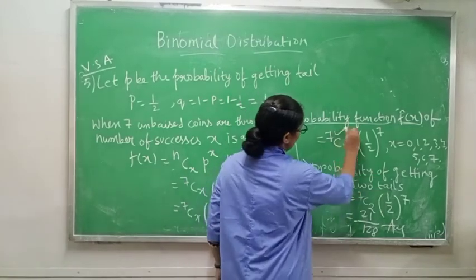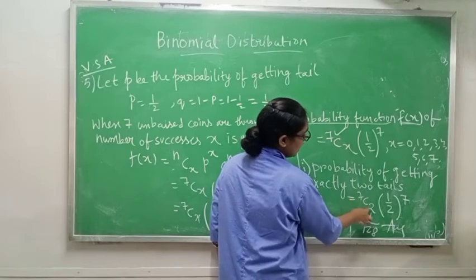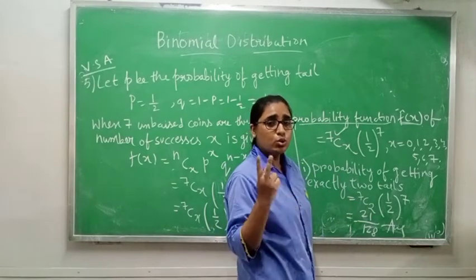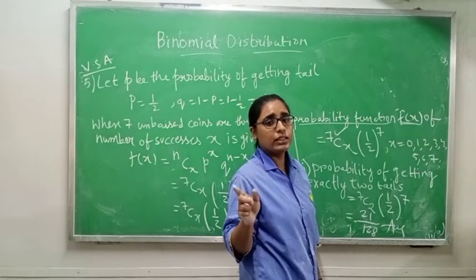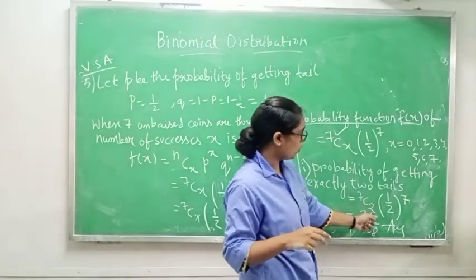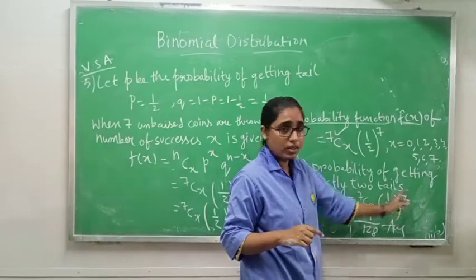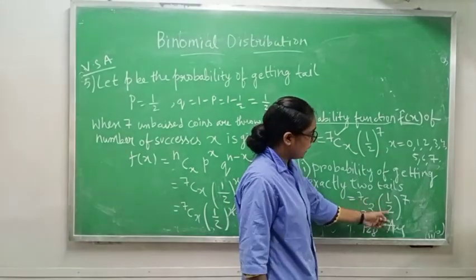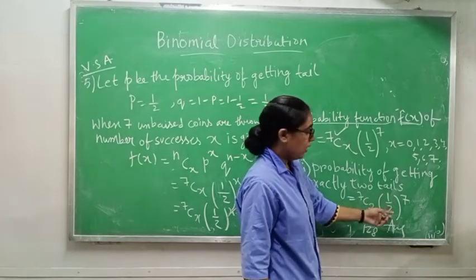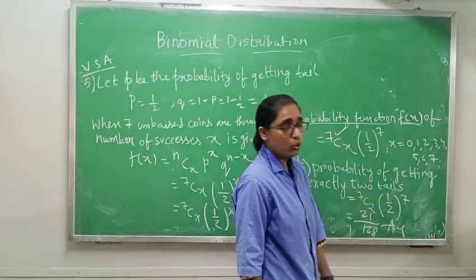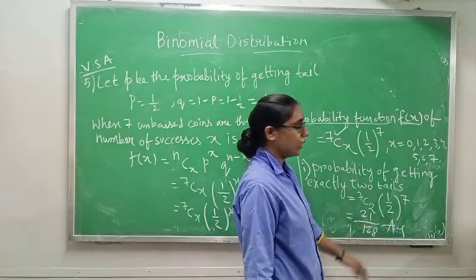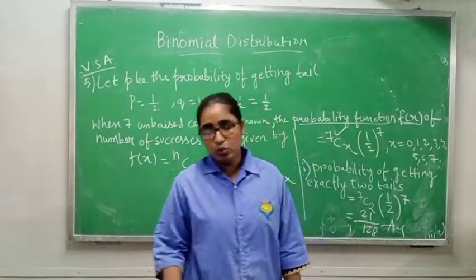This formula you will use, 7Cx, now 7C2, because they are asking for exactly 2 tails only. So 7C2 (1/2)^7. The 7C2 value is 21, and 2 to the power 7 will give you 128. So the first answer is 21 by 128.